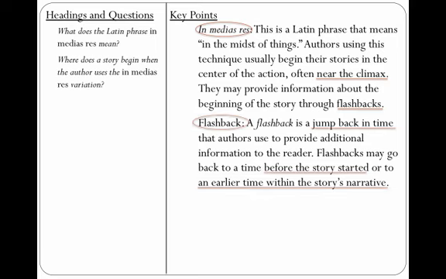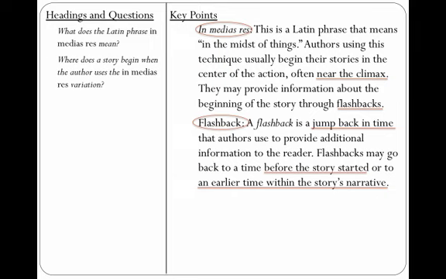It's important to realize what we mean when we talk about the 2 different times to which a flashback can go. So a flashback may go back to a time before the story started. Maybe a flashback could be told in which the character's father was going to college. And maybe the story started with our protagonist, the father's son, beginning college himself.